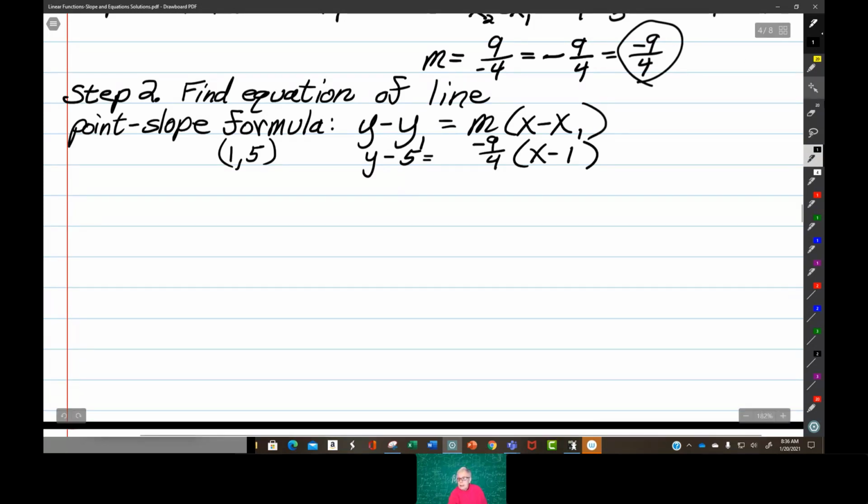The trick for getting rid of fractions is this. Take the denominator of the fraction and multiply both sides of the equation by the denominator of the fraction.